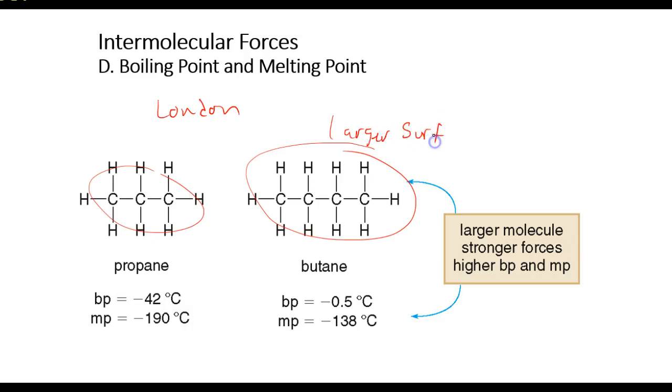Because of that, because of the larger molecule, it has more forces. It says stronger, but really I like the word it has more dispersion forces. Therefore, it has a much higher boiling point, a difference of like minus 42 degrees there. Okay, so more surface area, higher boiling point because it has more intermolecular forces.